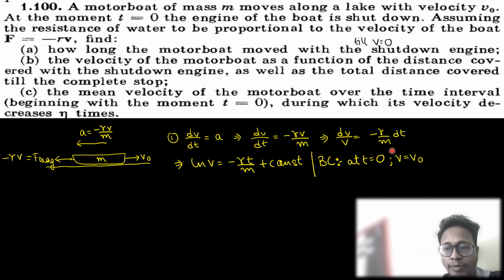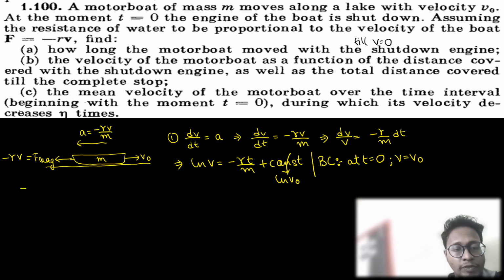So if we apply this boundary condition here, ln v0 is equal to minus r into 0 by m plus the constant, so the constant is nothing but ln v0. Just put t is equal to 0 and v is equal to v0 in this equation, and we get the value of the constant as ln v0.